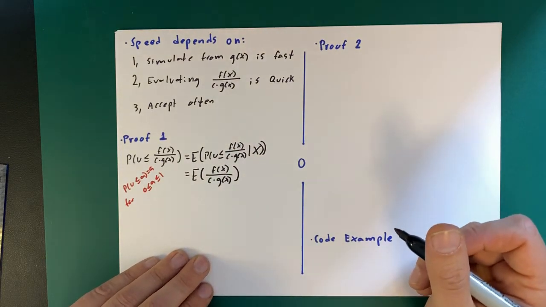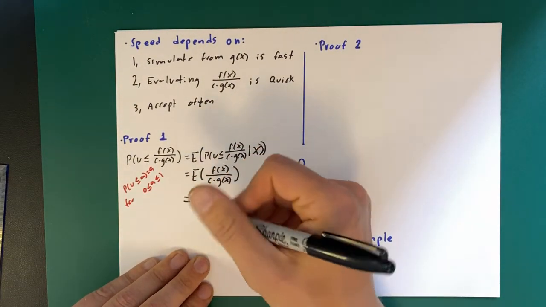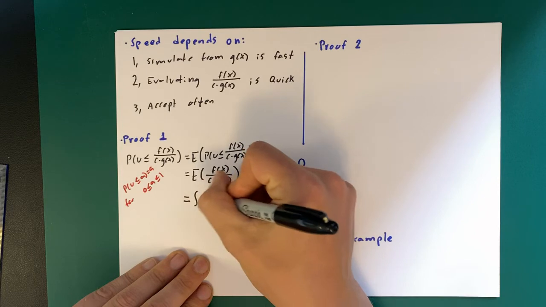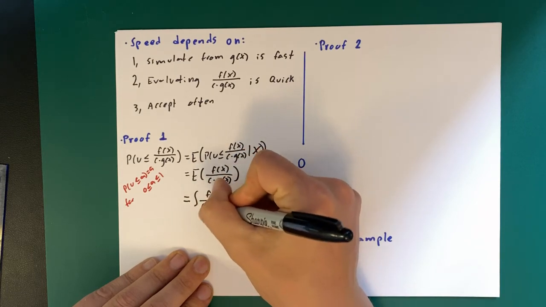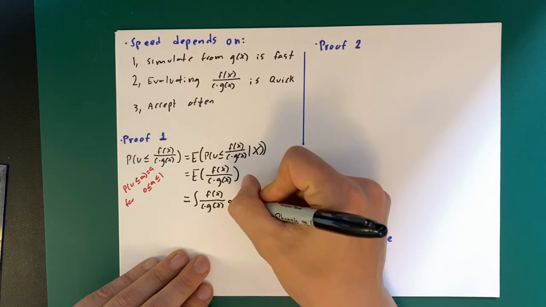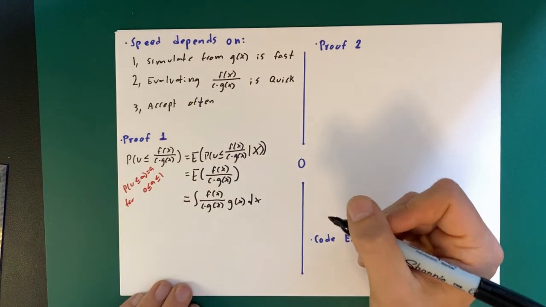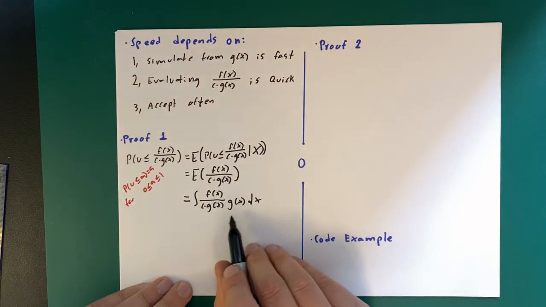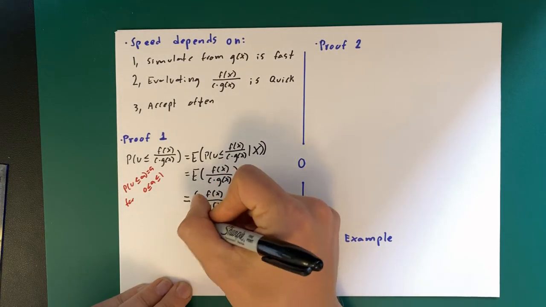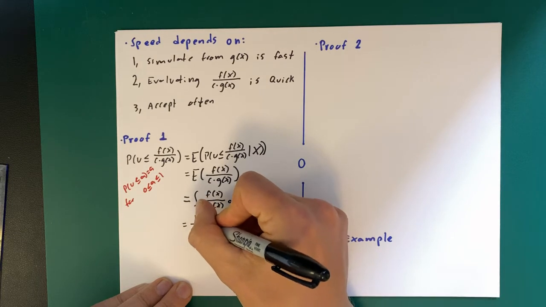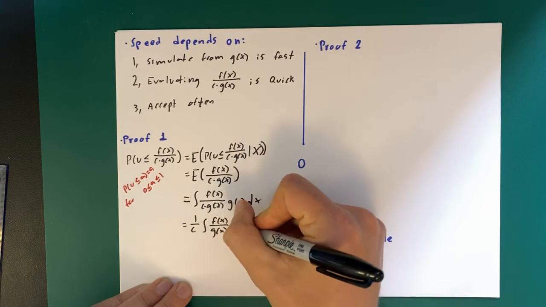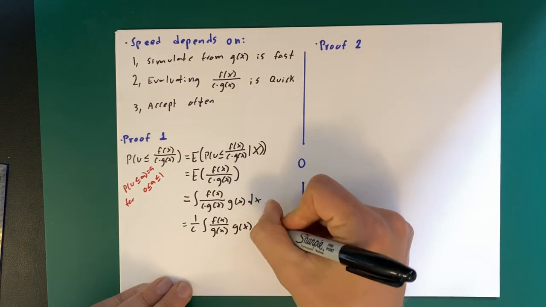Then we use the definition of the expectation: the integral of f(x) over the envelope, sampling from g(x), with respect to dx. Here we're varying according to x, so we can take the c out and write this as 1 over c times the integral of f(x) over g(x) multiplied by g(x) dx.